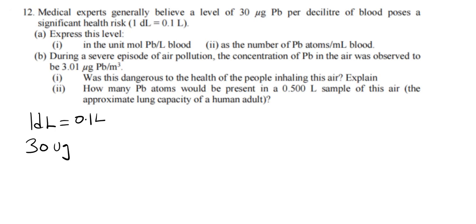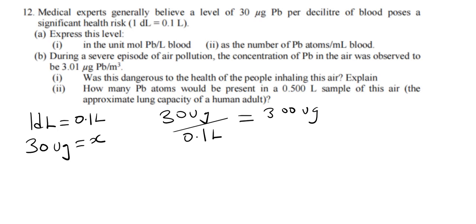You're going to realize we've been doing so many of these conversions, so it's just going to be 30 micrograms divided by 0.1 liters. 30 divided by 0.1 is 300 micrograms per liter.